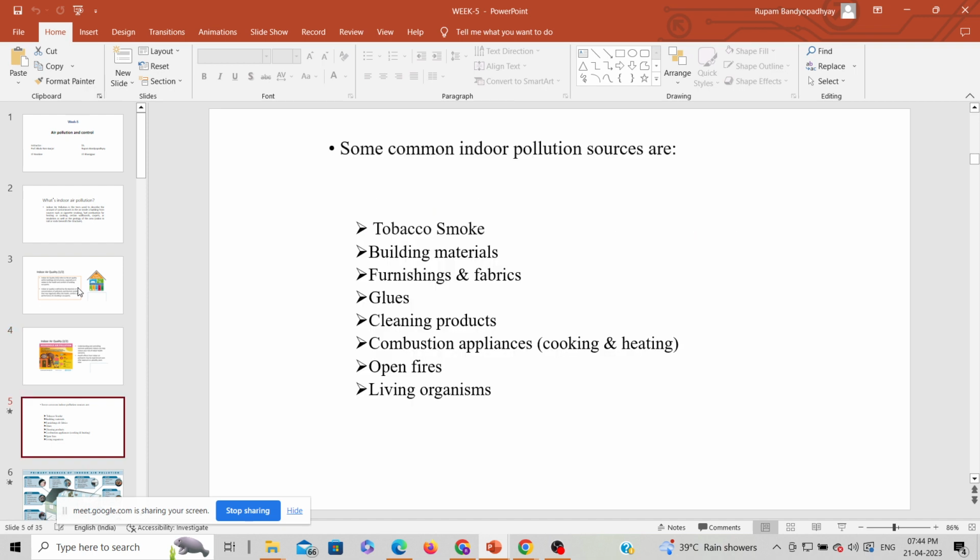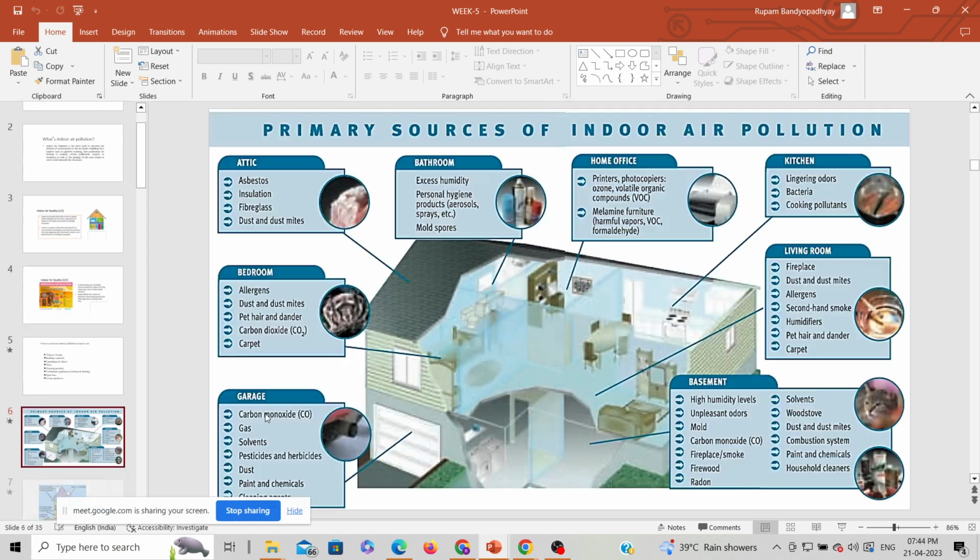There are some common indoor pollution sources like tobacco smoke, building materials, varnishing, fabrics, glues, cleaning products, combustion appliances like cooking and heating, open fires, and living organisms.